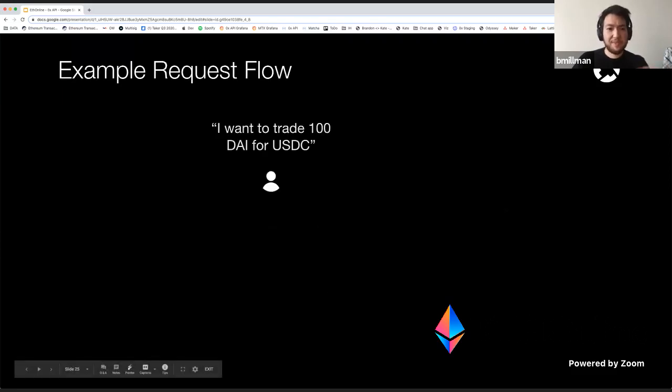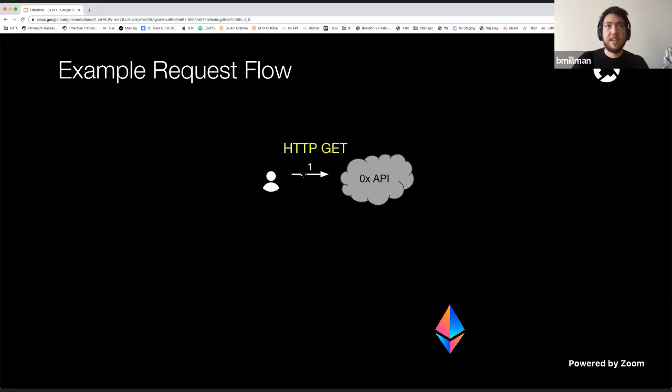First, a trader comes and says, I want to trade 100 DAI for USDC. The first thing that happens is that an HTTP GET request is issued to the 0x API. The 0x API basically does some magic, and in step 2 returns an unsigned Ethereum transaction in the form of JSON back to the original requester.